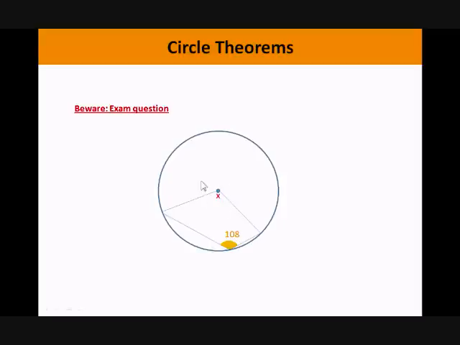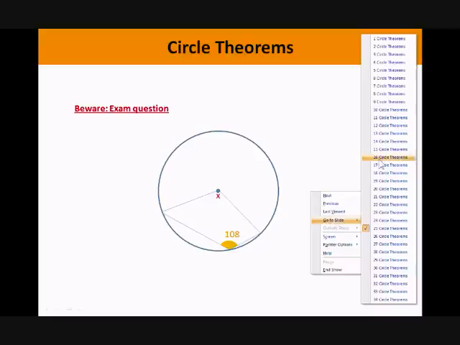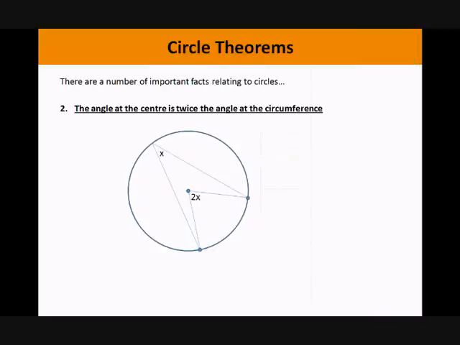They also make an angle at the center. Now if we go back a few steps in this show, we had the rule that the angle at the center is twice the angle at the circumference. Now this rule applies here.